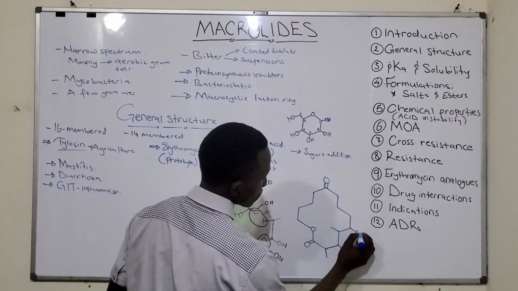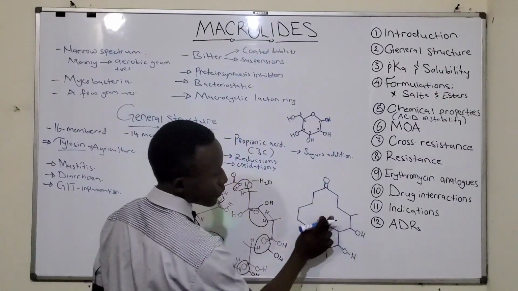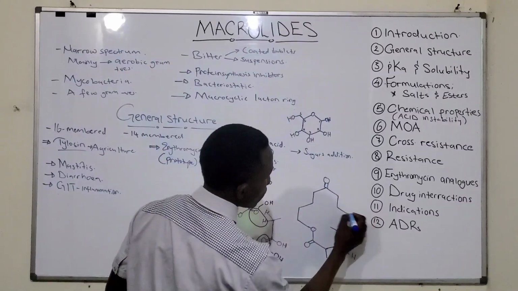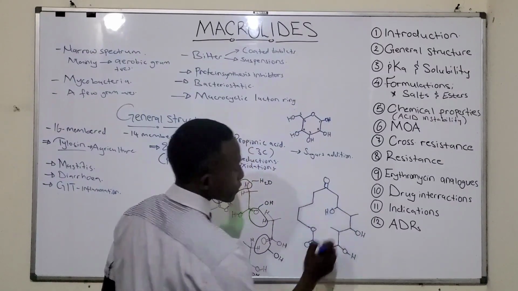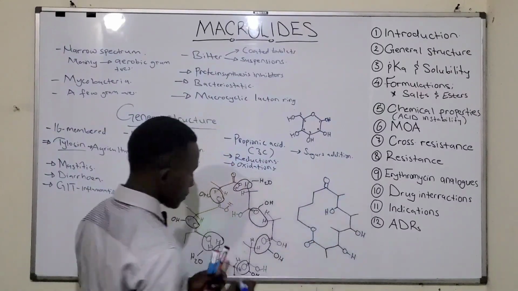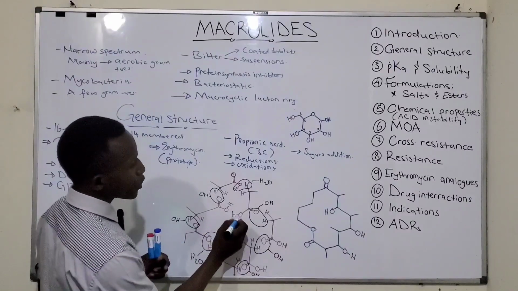OH here, a methyl at this position. I can't draw it to the inside. Of course, it looks weird. Then we expect the OH here, and a methyl here. But at this position, as we said, there is reduction.